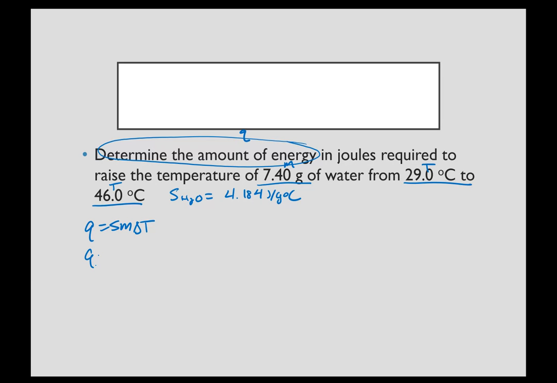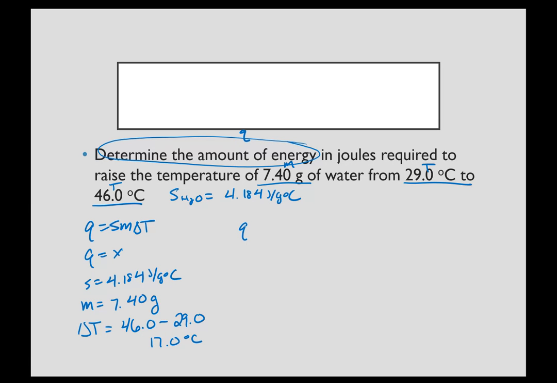So I don't know my Q. My specific heat's 4.184 joules per gram degree Celsius. My mass is 7.4 grams, and then my temperature change is my final temperature, 46, minus my initial temperature, 29. And so that is a temperature change of 17 degrees Celsius.